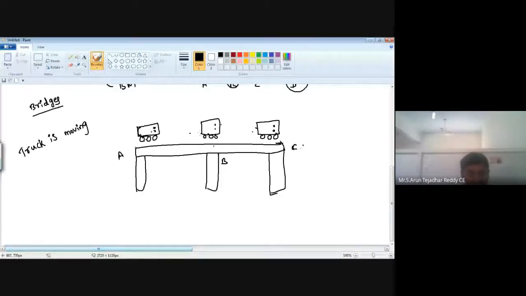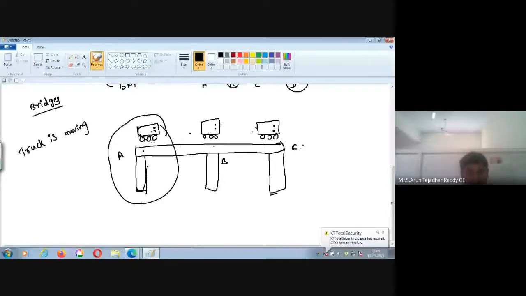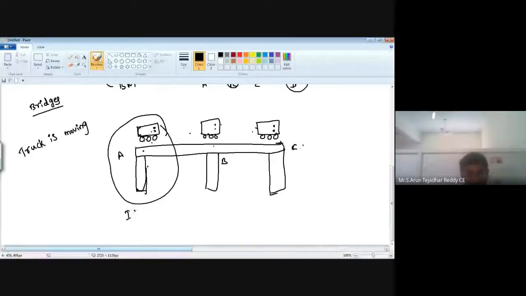Suppose my first location is point A. At point A, we will have one separate ILD diagram. After that, it is traveling from A to B. The truck is traveling, and traveling means it is a live load.